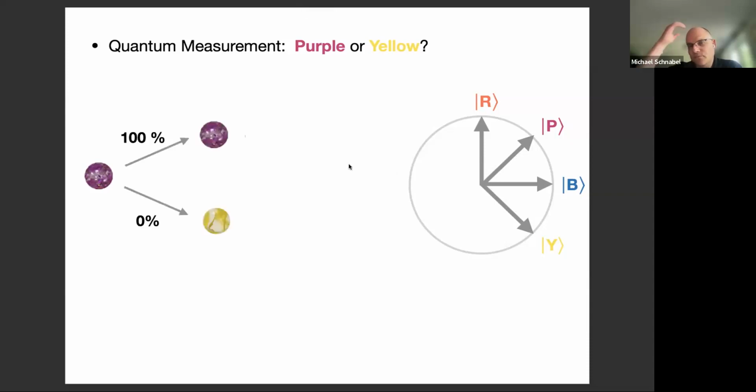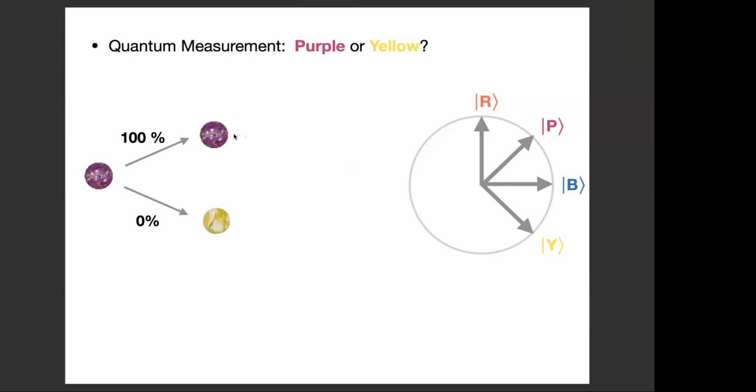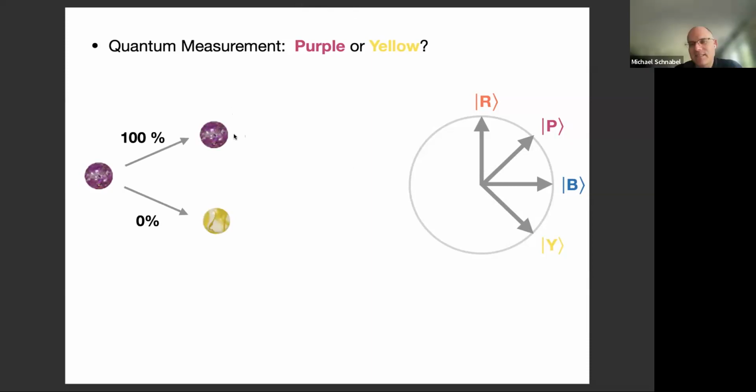Is this clear? It's just like playing quantum tic-tac-toe. Exactly. You have to do it a couple of times to get a feel, and this is why quantum tic-tac-toe is so great, so simple.